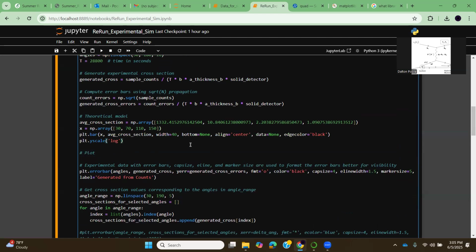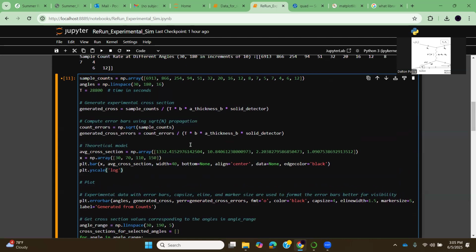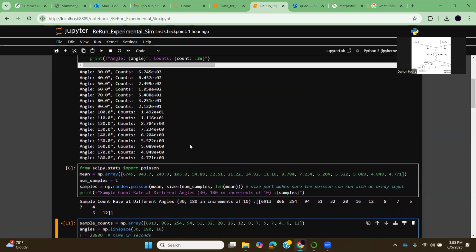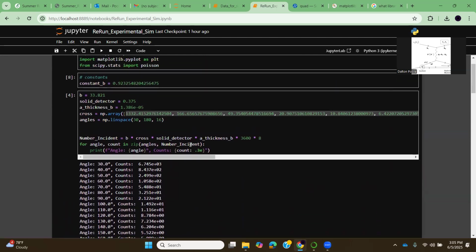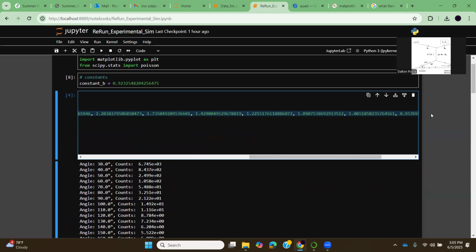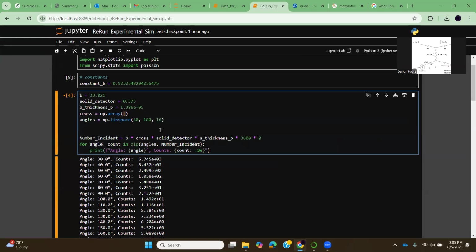So now what I need to do is my sample counts. Yeah, I know exactly what I need to do. I need to take these and I can generate different angles.